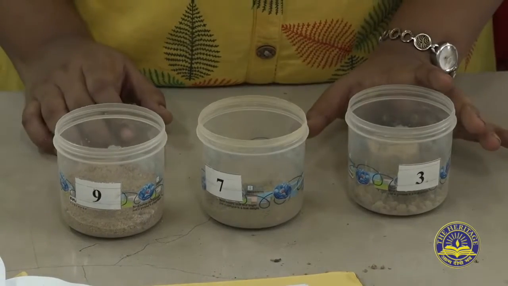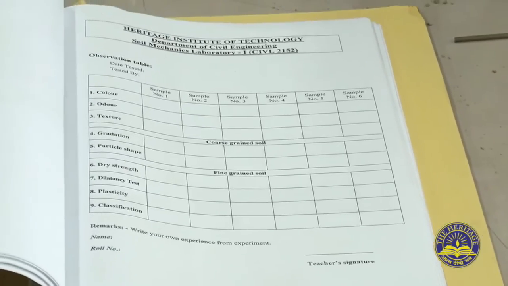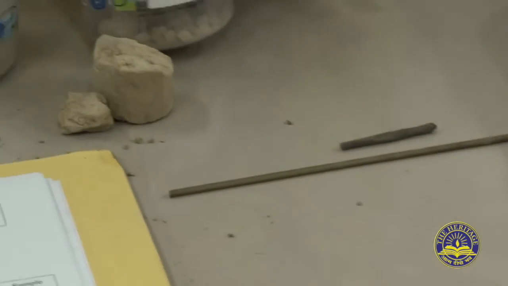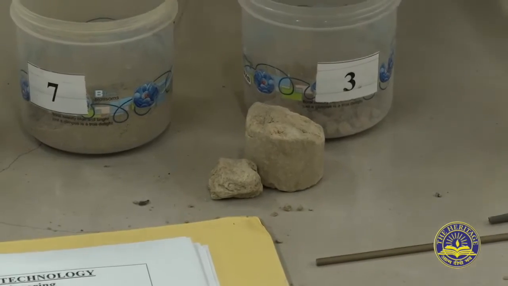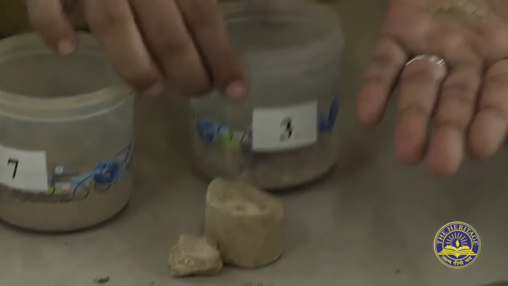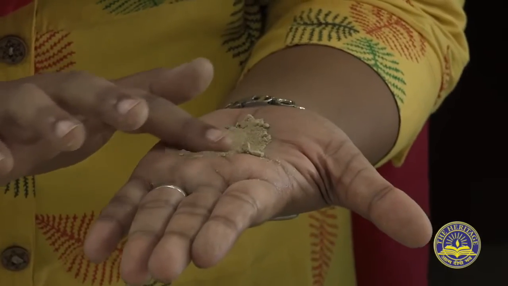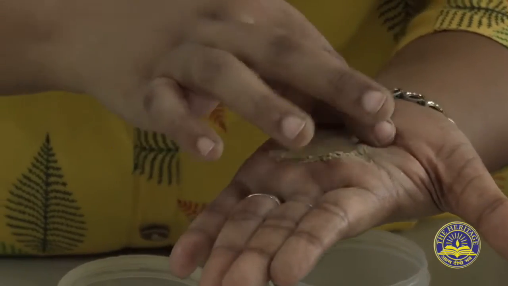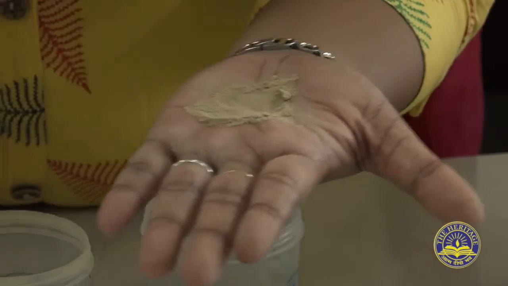Okay. Next is texture. Texture is defined by the presence of fine and coarse aggregate in the soil sample. For sample number 3, you can see the sample is fine grained.